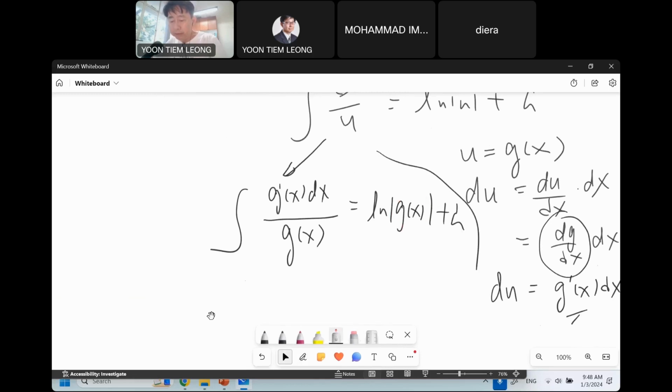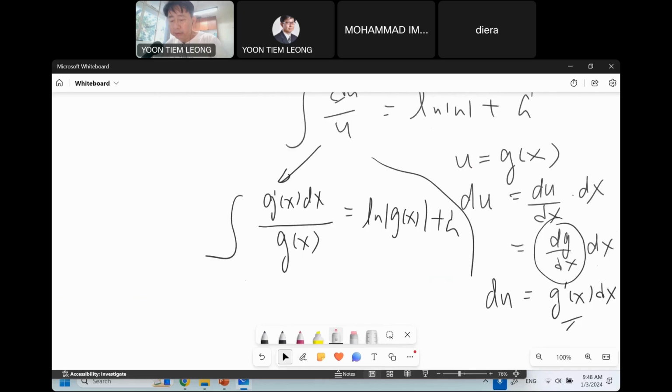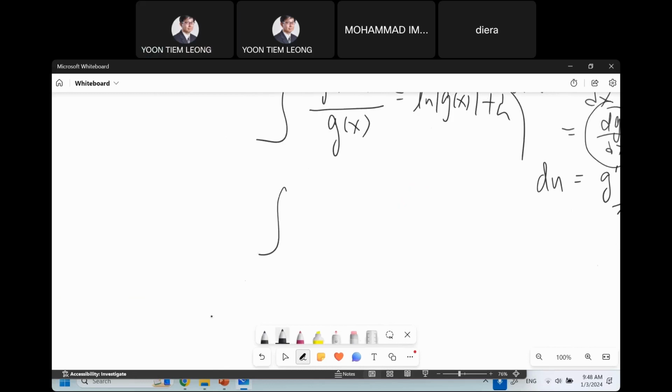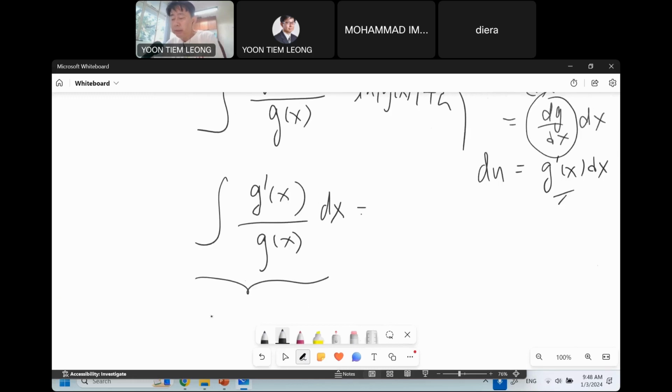Here g(x) is just u, and g(x) must be sitting inside the absolute value. If you have an integration in the form of the ratio of the derivative of the function divided by the function itself, and you integrate over the variable x, this indefinite integral is simply equal to the log of the absolute value of the function g plus c.